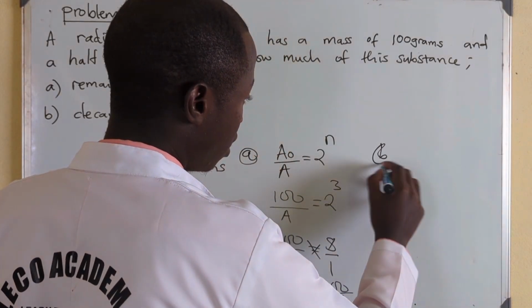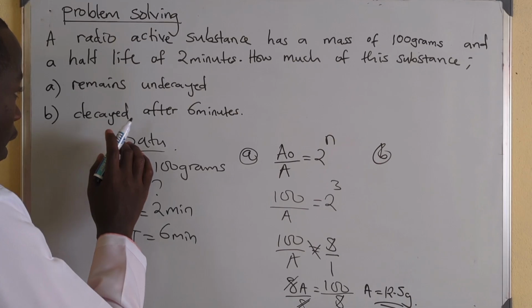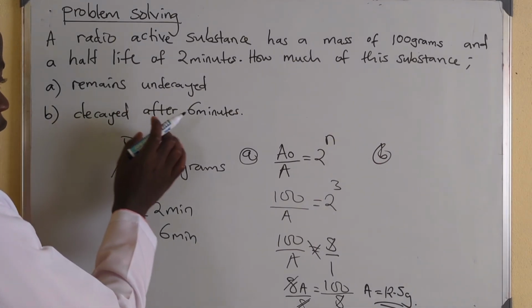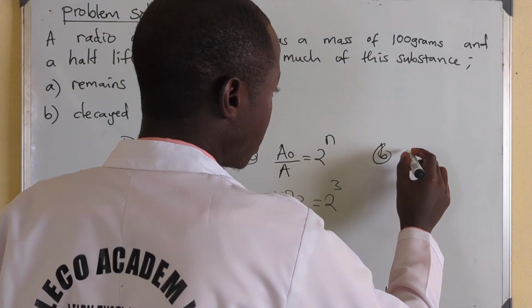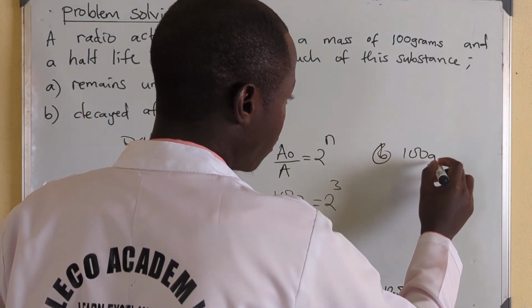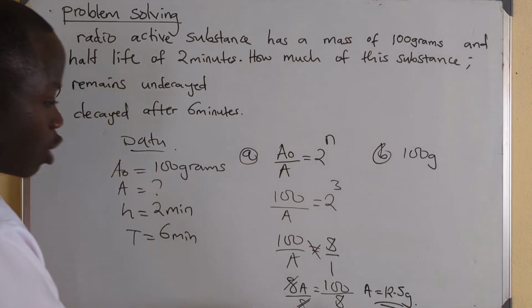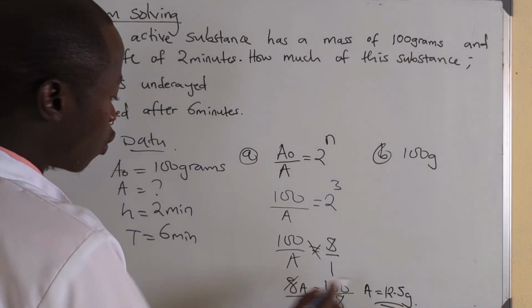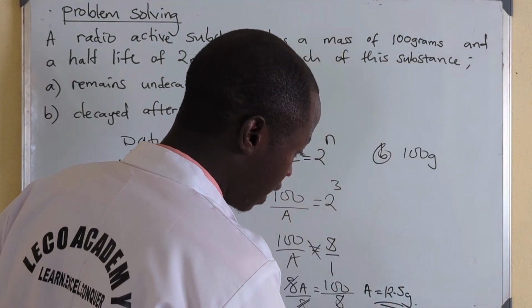Now for number B, to know what is going to be decayed after this period, since the initial mass is 100 grams and we know the undecayed part to be 12.5 grams, we are going to subtract.